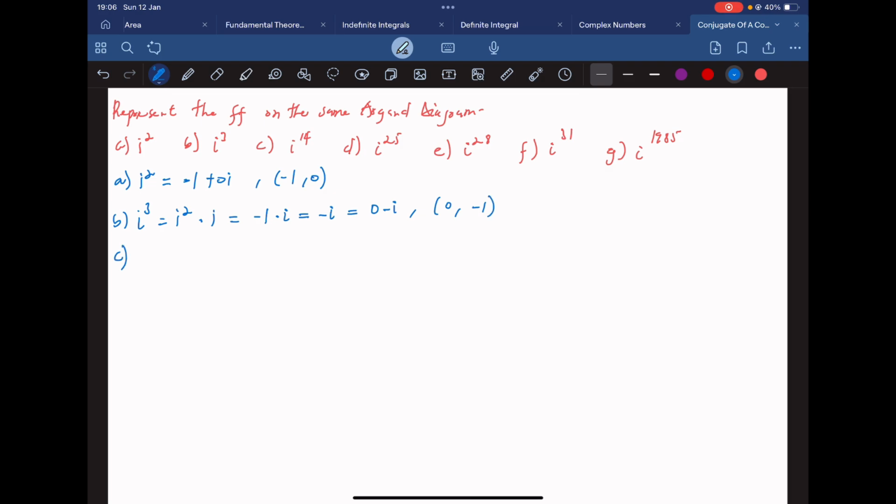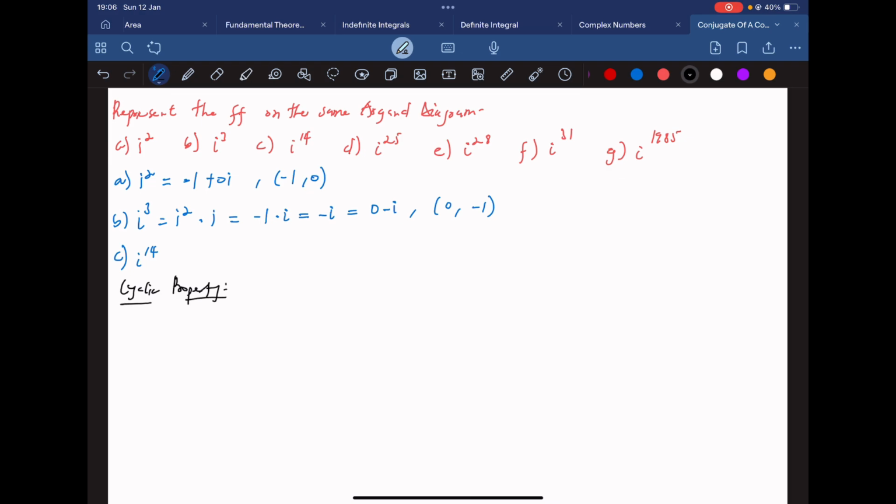Okay. So for the third question, we have i to the exponent of 14. One thing that you have to note here is that we can use the cyclic property. So let me do that quickly right here.